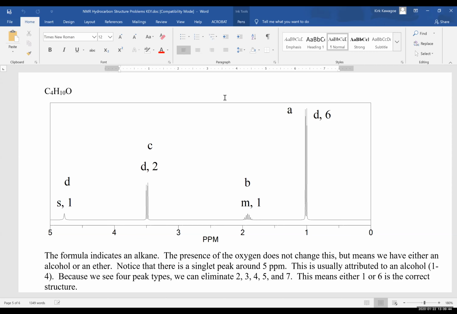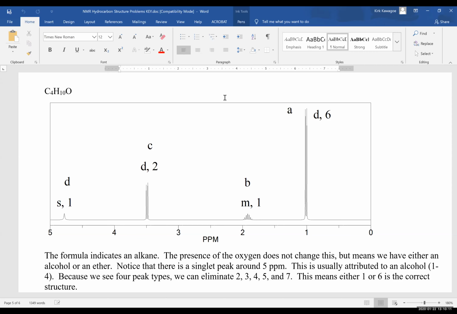Good, great. Okay, so this would have been 6 hydrogens, and they have 1 neighbor, right? So that fits for A. It's also the furthest from the most electronegative group, so you expect to find it around 0.9, and it's right around 1. So you expect these to be methyl groups with a single neighbor.